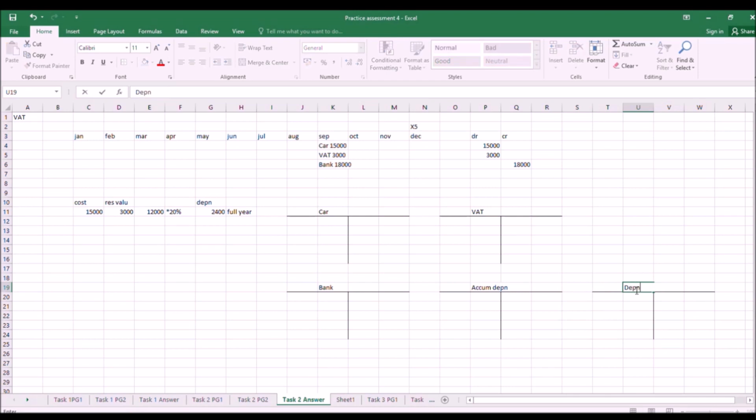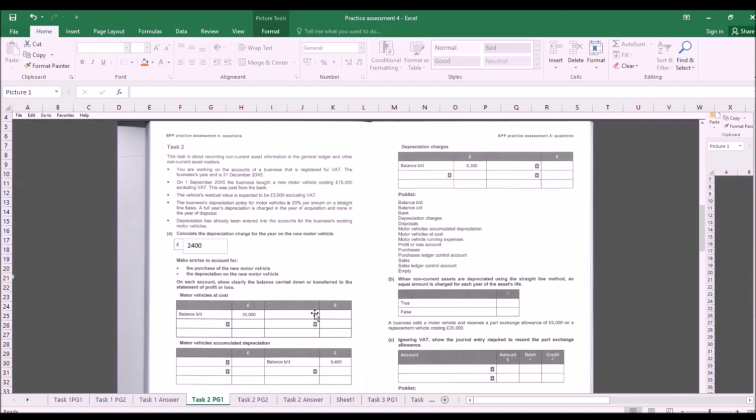So we'll go debit 15,000. The reason why you do it like this is that you can always check that your debits and credits are on the correct side. So there we go, there's our first journal, and the accumulated depreciation is going to be credit. That's a reduction in the value of our assets, and the charge is an expense, so that's a lower amount available for our shareholders, so it's a debit. Those are our double entry bookkeeping things there.